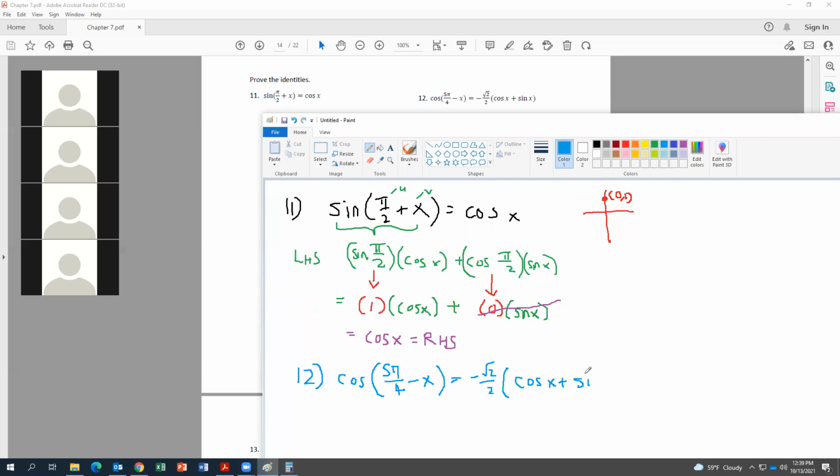And the hint is you start from your left hand side. Majority, I can tell you that we always start from the left hand side. There is a formula for this, and then you do the same thing as what we have here. It's very similar to number 11.